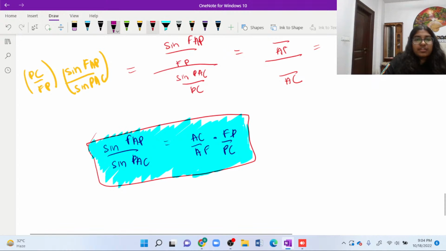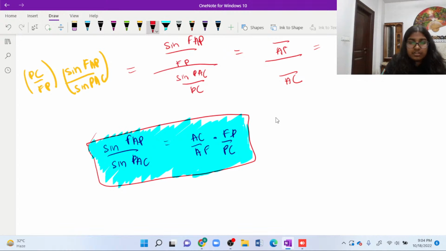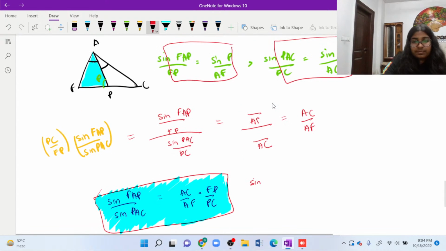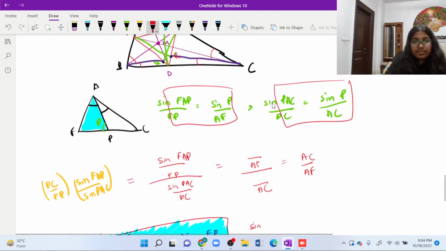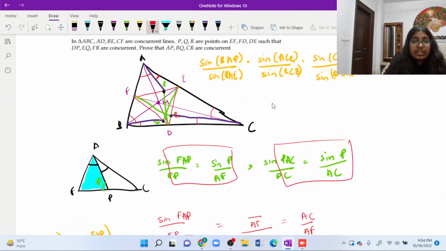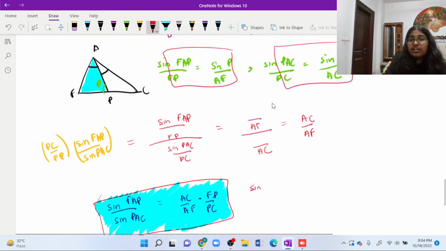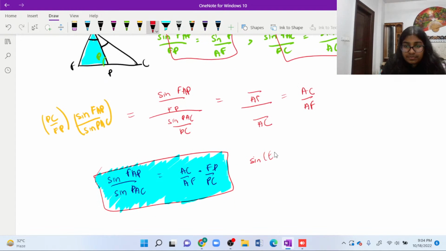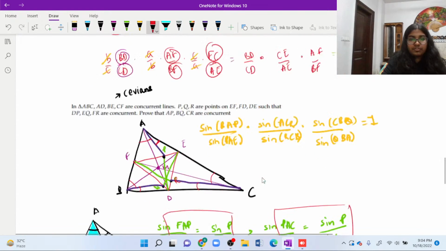And by symmetry, let's just claim the rest of the results because I don't want to make it very long. We need sine of ECR upon sine of DCR. Let me just copy paste this.